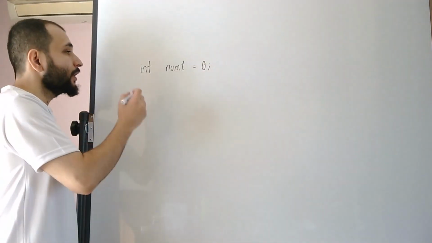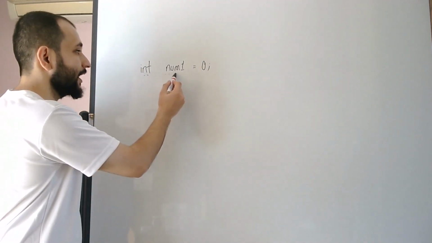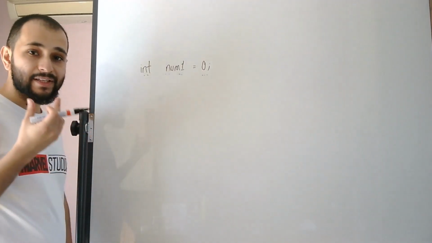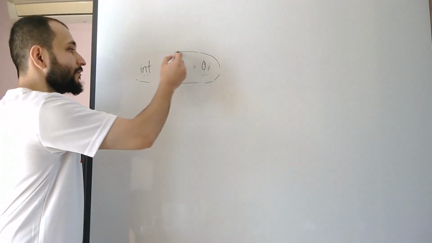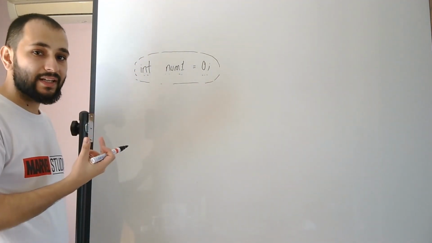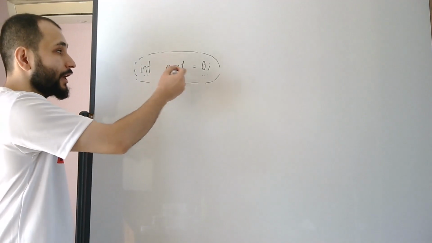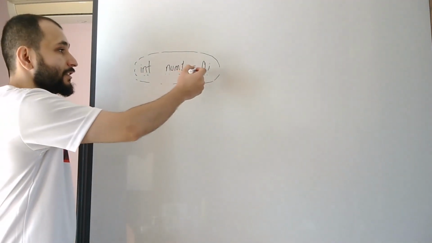And you know that each of our variables has a data type, a name, an initial value, and also a space in memory. So this definition of a variable is a space in memory that has been created. This space of memory has been given the name num1, and inside of that memory we have the value 0 stored.